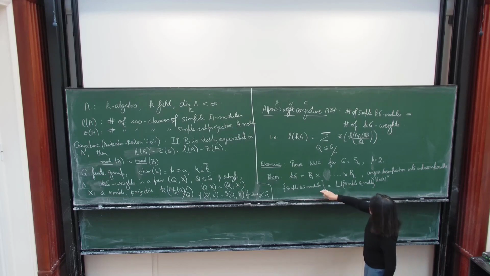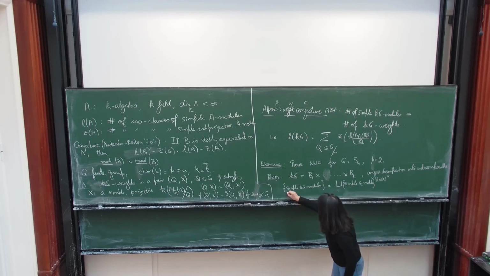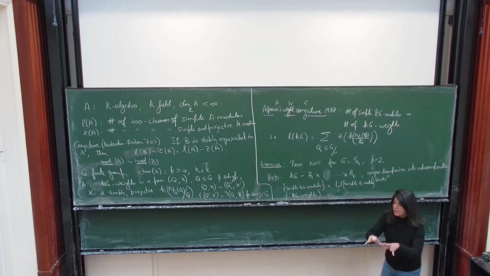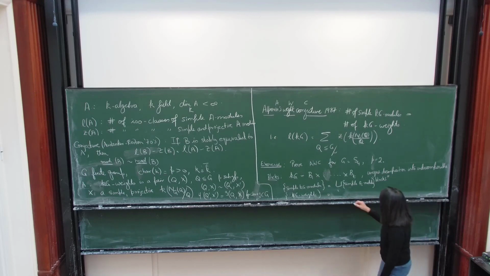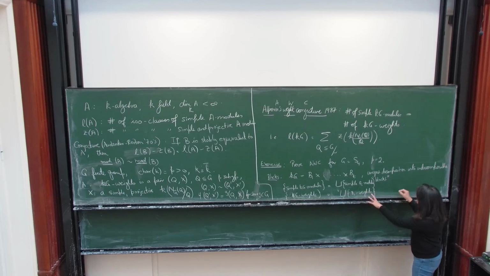You have to do a bit of block theory. You can also break up, naturally, the kG weights block by block. So you can take a sub-collection of your weights and assign it to a particular block. And you also get a partition into B-weights. And this goes via the Brauer construction.